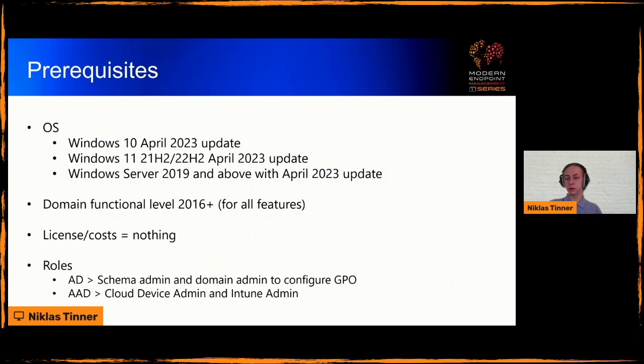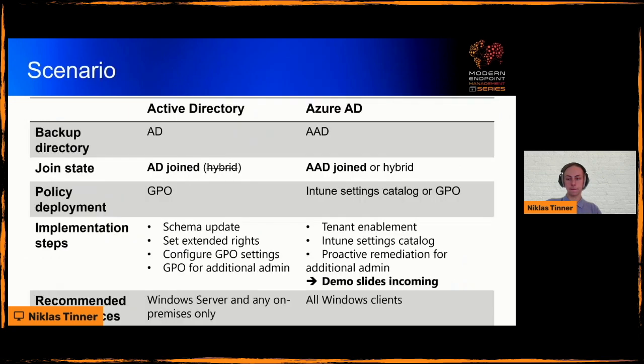For Azure AD, you need a cloud device admin at least, and an Intune administrator. Cloud device admin is just to enable Windows LAPS in your tenant, and the Intune admin to configure the account protection policies or proactive remediation. So talking about the scenarios here, I want to differentiate also here from the Active Directory and Azure Active Directory scenario.